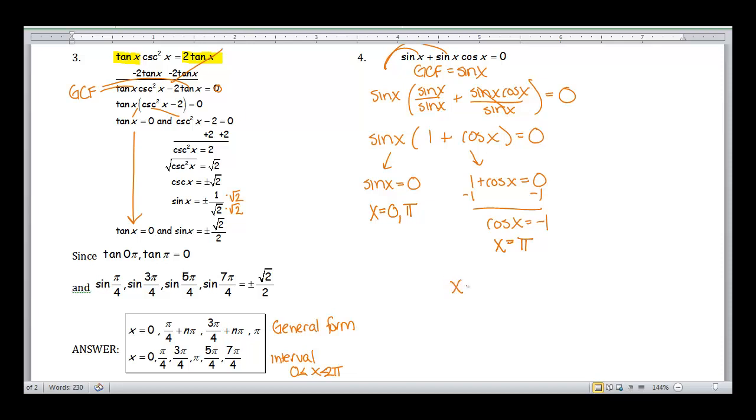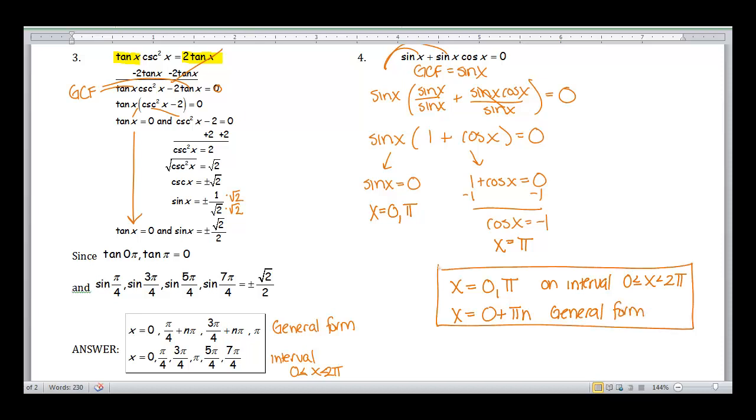And so x is a value of 0 or pi if we're on the interval between 0 and 2 pi, or x is 0 plus pi n times if you wanted the general form.